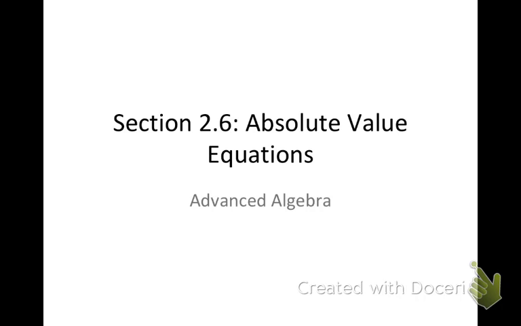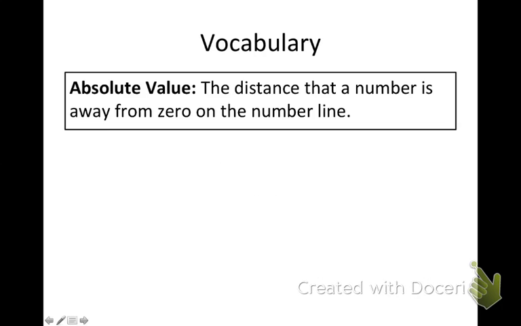Okay? So, before we even get to the equation part, let's think about, well, what is absolute value? Because if we can wrap our brains around what is absolute value, then it kind of makes sense why you need to have two separate cases when you're solving absolute value equations and inequalities.